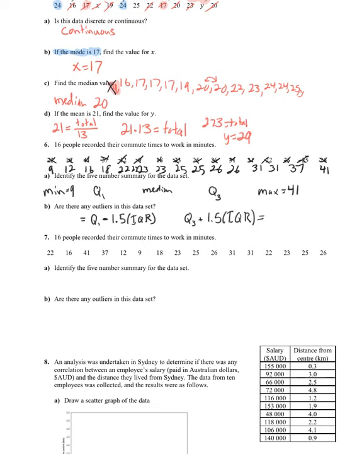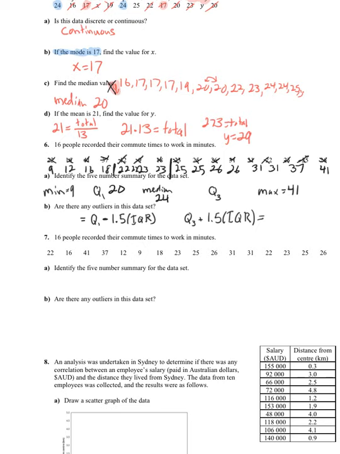So I get my data organized from min to max. And I know there's 16 pieces, so the median's going to be halfway between the 8th and 9th values. So the median looks like it's going to be 24 because it's halfway between these two. Then Q1 is going to be halfway in the first 8, between 18 and 22.